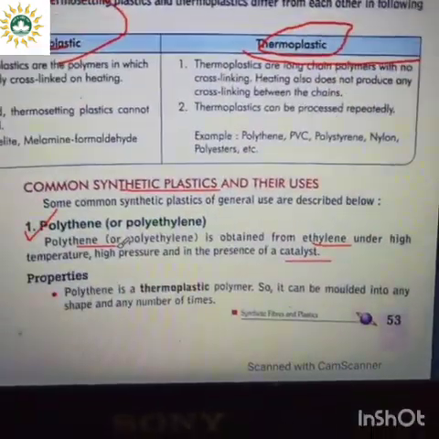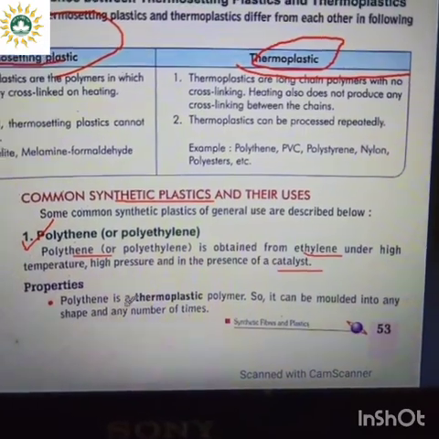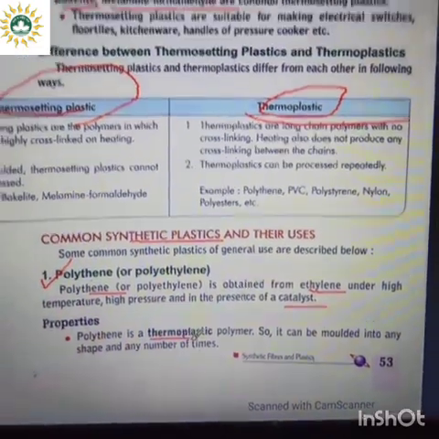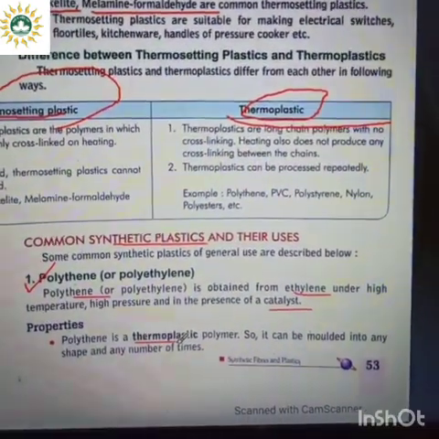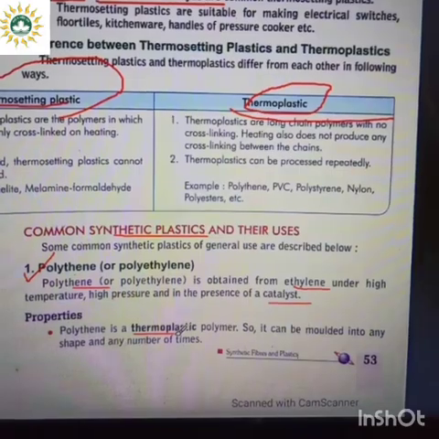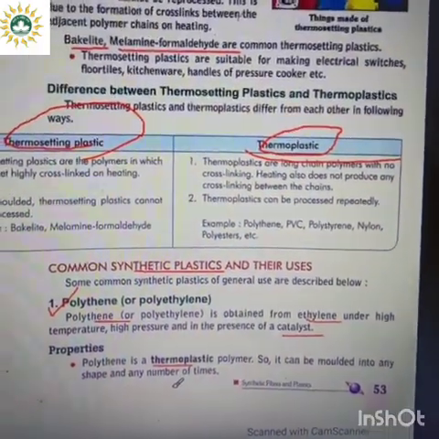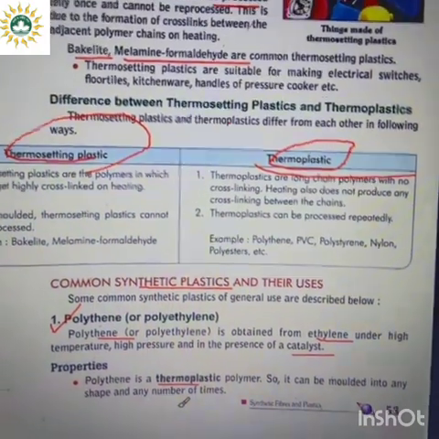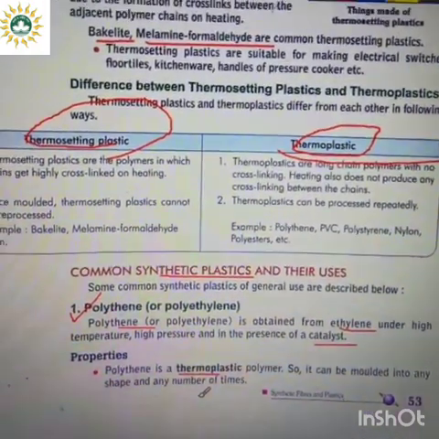Now what are the properties? Polythene is a thermoplastic. As I told you, thermoplastics are those which can be molded, which can be set again and again. So polythene can be molded into any shape any number of times. That is why we always store the plastics separately.